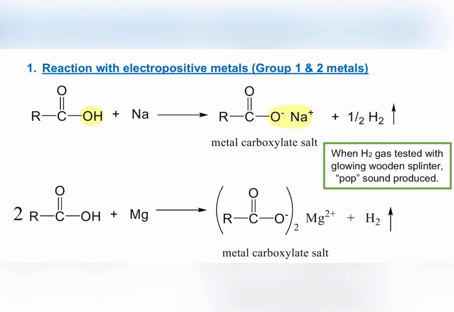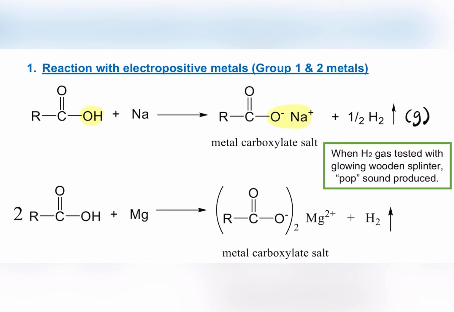When you balance the chemical equation, you will have a half in front of H2. Last, you have to emphasize the phase of hydrogen gas, whether by showing an arrow pointing upwards, or by using gas phase in brackets. Either one is fine.